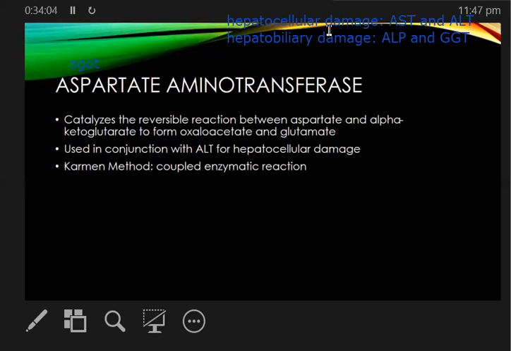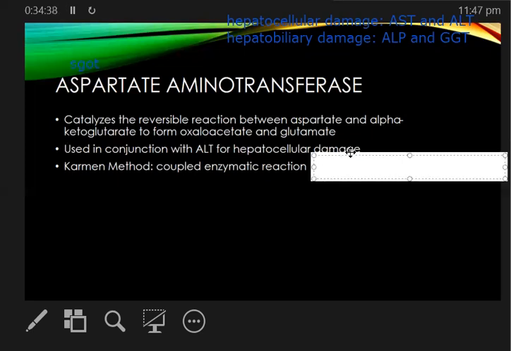Let's go back to aspartate aminotransferase. There is a particular method utilized for the determination of your AST: the Carmen method. This incorporates a coupled enzymatic reaction. One of the questions asked in the board exam is the coupling enzyme.